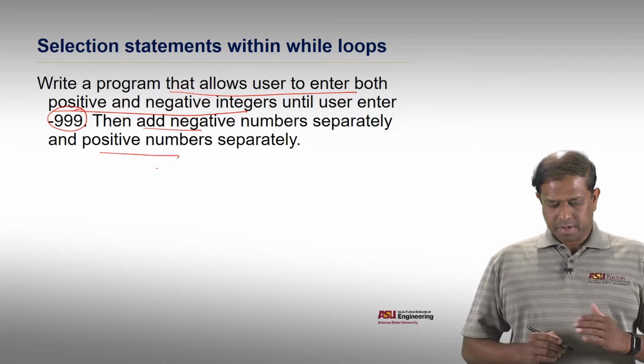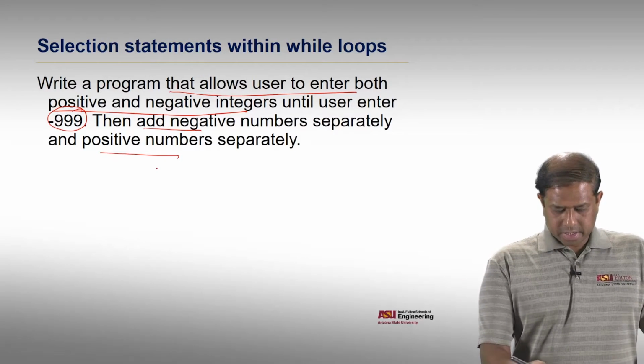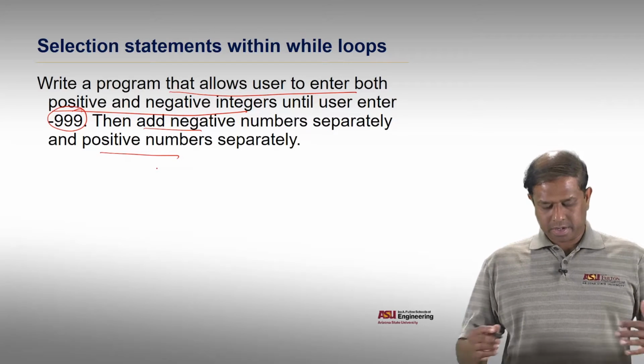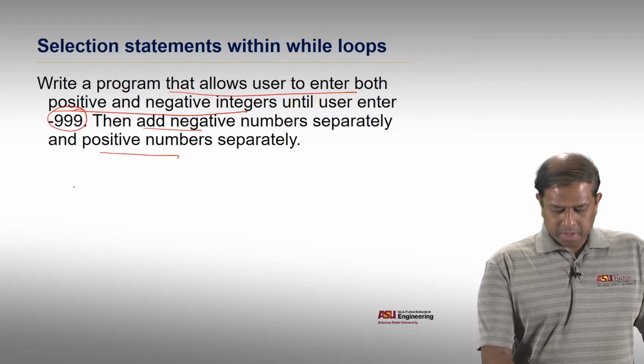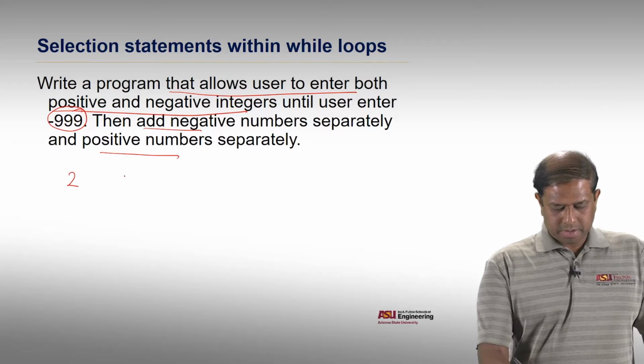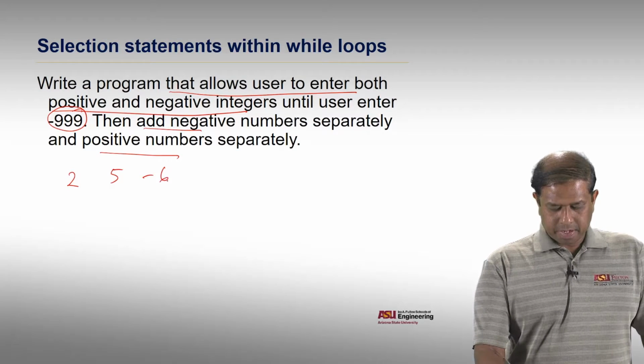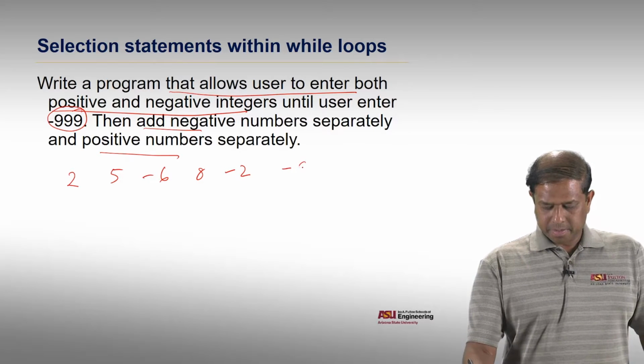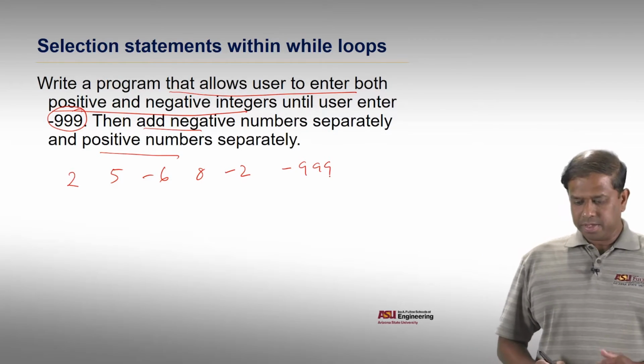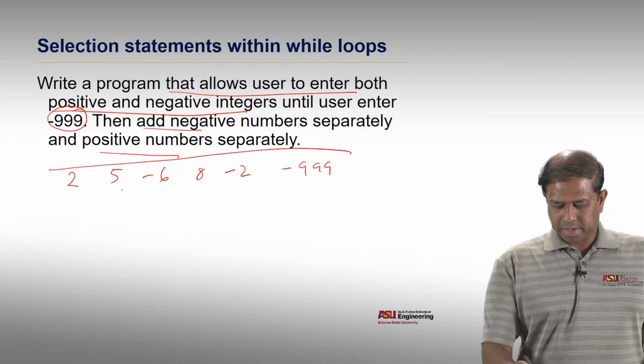Let's take one quick look at a possible input stream. Let's say we have 2, 5, -6, 8, -2, and then -999.